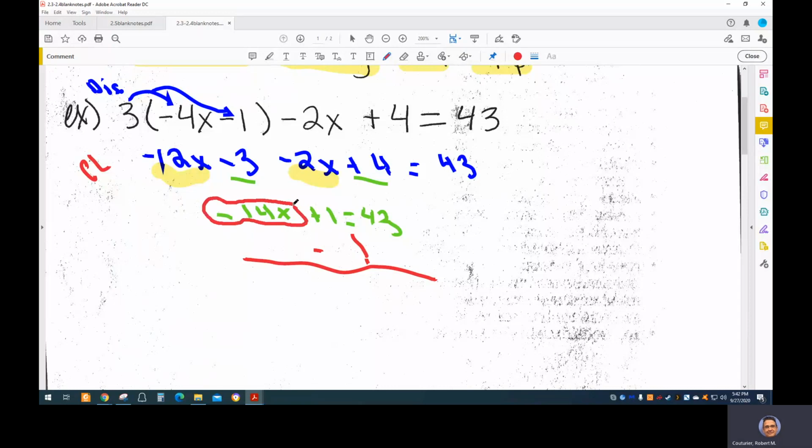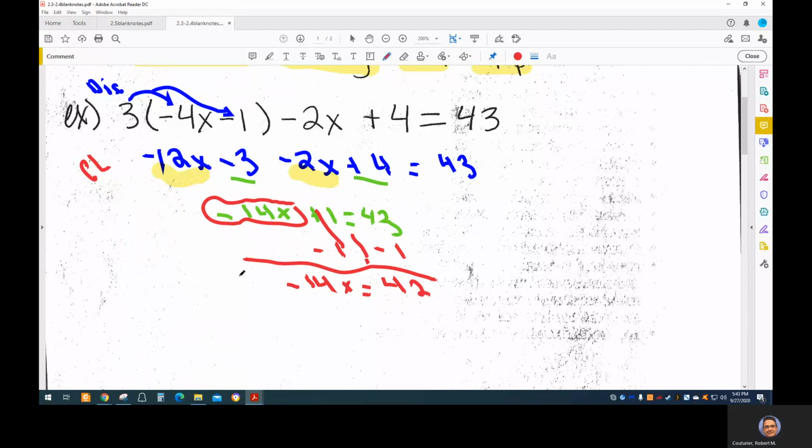So we box it in, which means this is what's left over. We have to subtract 1. Gives us 42. These cancel, and we're left with a minus 14x.